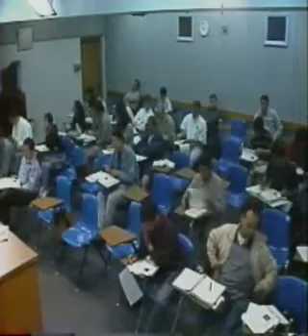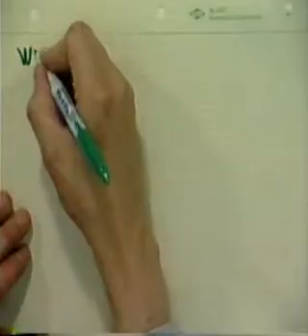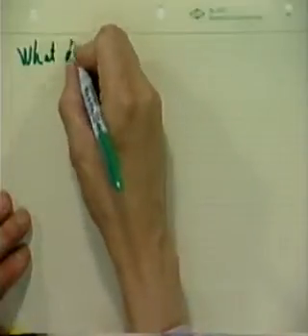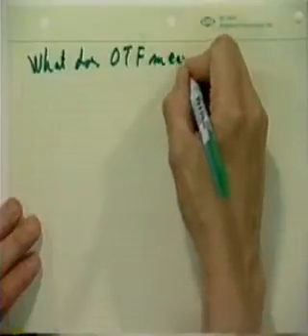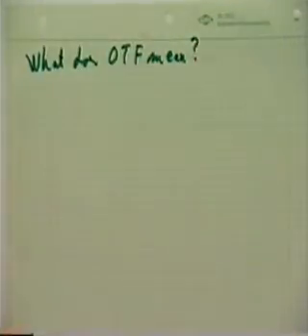Well, the last thing I wanted to talk about in this section is a little bit more on what the OTF means. And maybe we all understand it, but let's go through an example anyway. So what does OTF mean? Well, really what I'm asking is, what does the OTF do to the image?